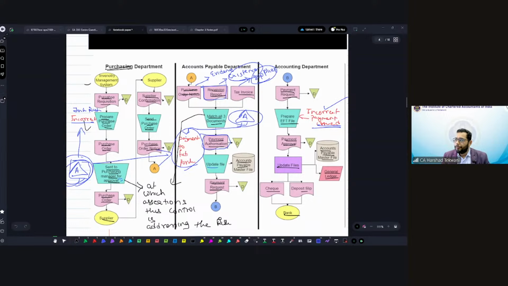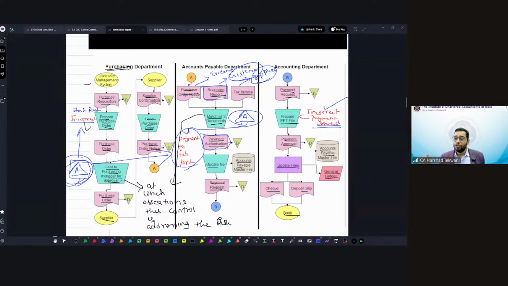Now, first of all, the basic thing in this control is that someone decided to have this control in place. That means someone wanted to verify that without verification, three-way match, things should not go ahead.